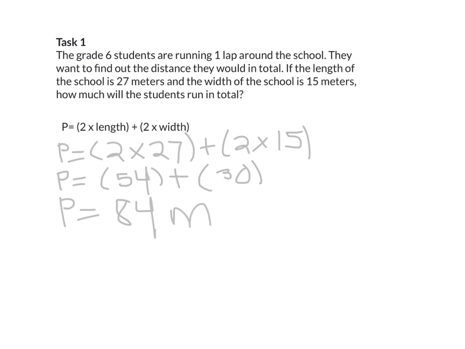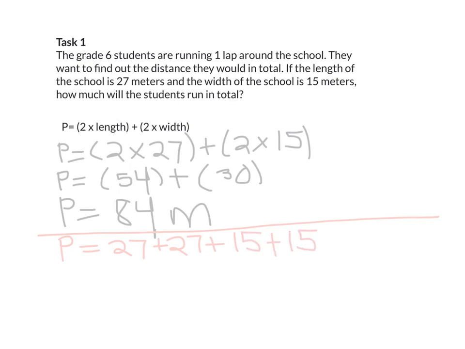And another way of doing this would be just to simply add them up together. So perimeter equals, so I know that the length was 27 meters, but I know I'm going to have two lengths. So 27 plus 27 plus the width, which was 15, plus 15.